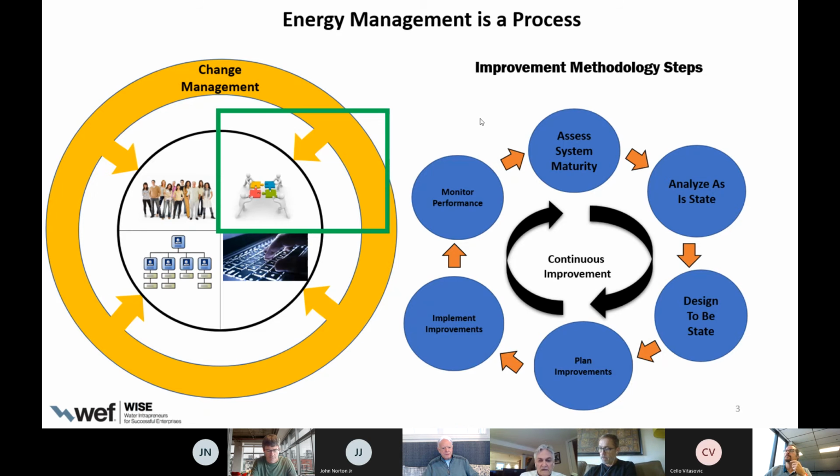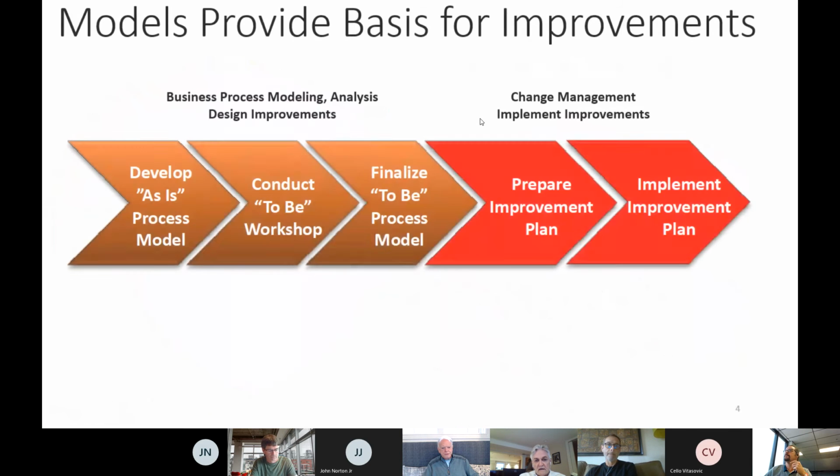So what we want to talk about in these slides, if you go to the next slide, Eric, please, is this cycle and how we're going to use business process model and notation. So if I say BPMN, or if I say business process modeling, I'm referring to that standard, business process model and notation.